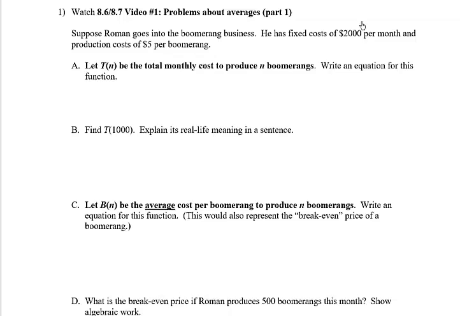His costs start at $2,000 each month, and then they increase by $5 per boomerang. Well, that word per is a tip-off that we're talking here about a linear function. The costs increase $5 per boomerang. That means 5 is the slope.